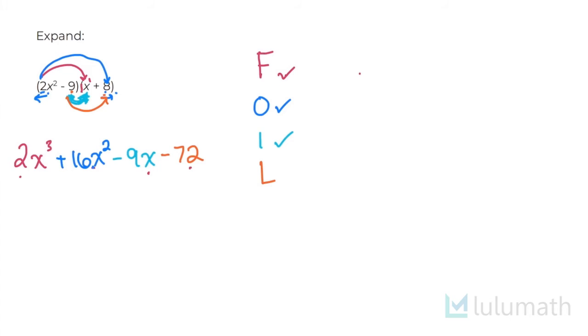There are no other x squared terms. -9x, there are no other x terms, so nothing is like -9x. And then -72, there are no other constants, so nothing else is like that, which means that this right here is my final simplified answer.